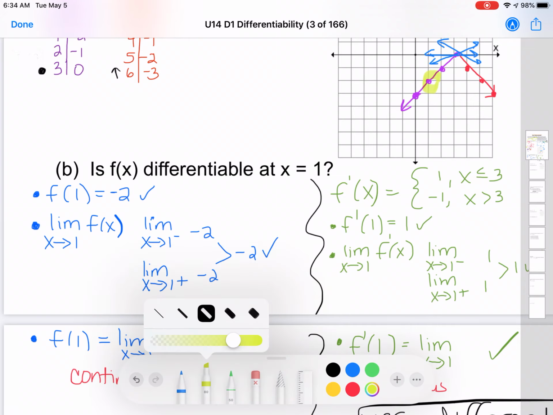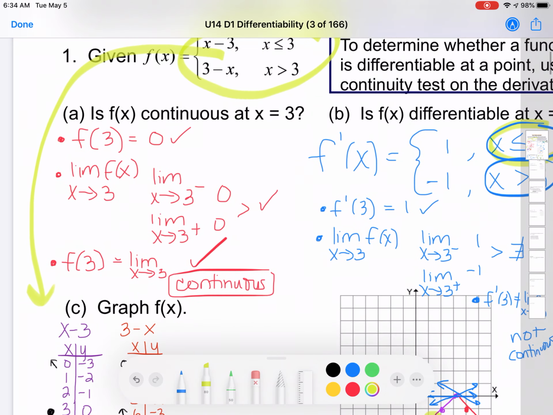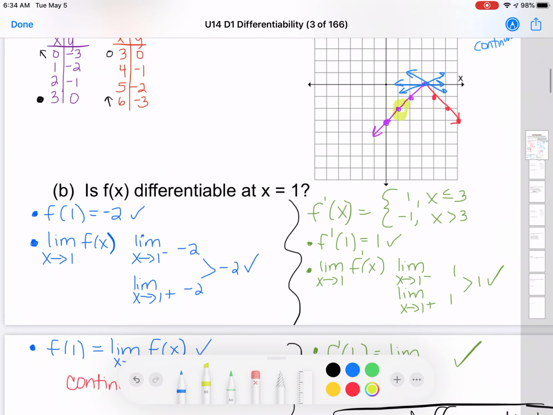Okay, first one, is there a function value at 1? So f of 1, if you plug 1 into the original function, that's where 1 falls in the domain. So if I plug in 1, I get -2.